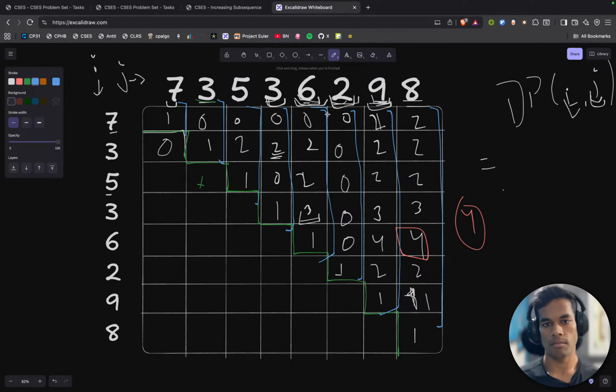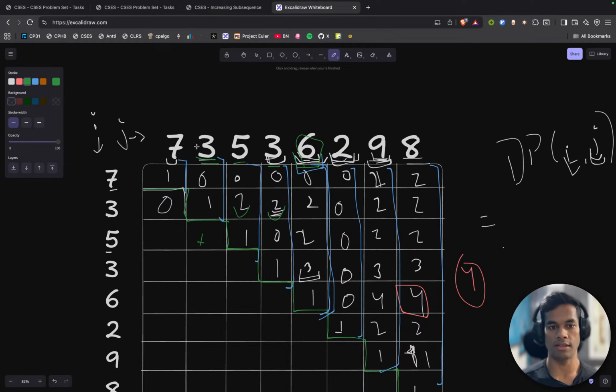So when I am here, I know that this current number, this number 6, can be paired up with 3, 5, and 3. And among these, this 5 has the greatest value 2, and this 3 has the greatest value 2. And I don't even need to store all of these. I only need to store their greatest values.